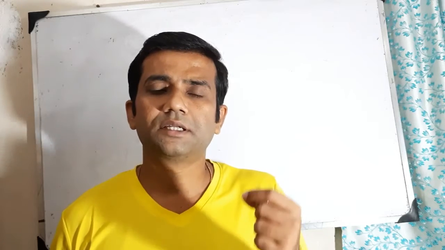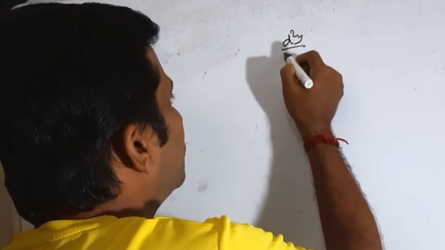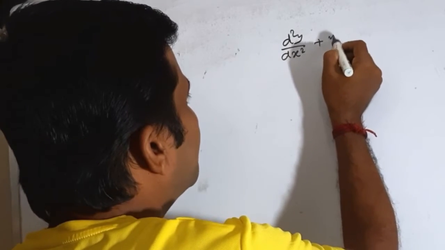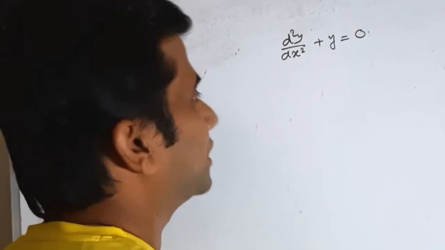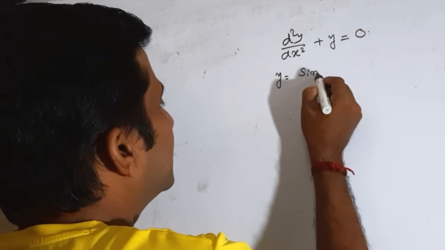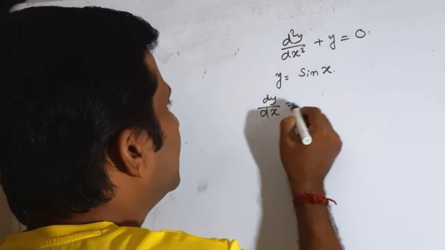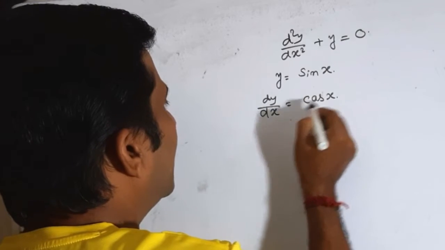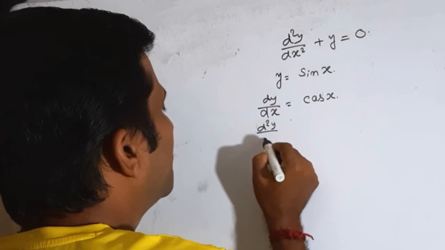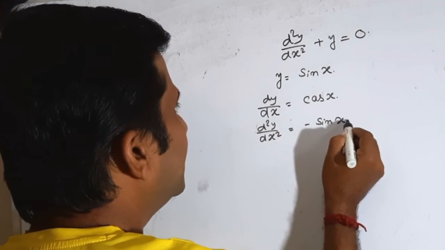In this section, we confined ourselves to just the general solution. Suppose d2y/dx2 plus y is a differential equation. Now you put y is equal to sin x. Then dy/dx is equal to cos x and d2y/dx2 is equal to minus sin x.